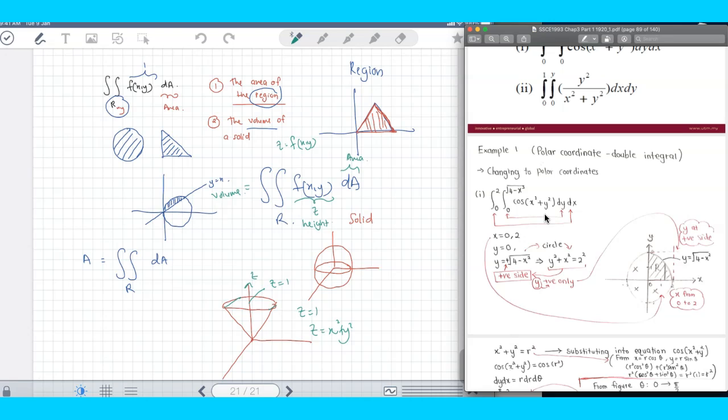Normally the question will ask you to find the solid first using the surfaces given. To obtain that solid, you have to sketch, using all the techniques you learned in chapter 1 about sketching graphs in 3D. So you need chapter 1 again in chapter 3, especially when you want to evaluate the double integral, and after this we will have the triple integral.